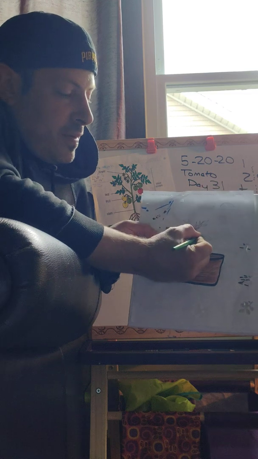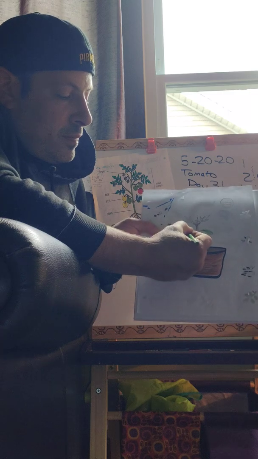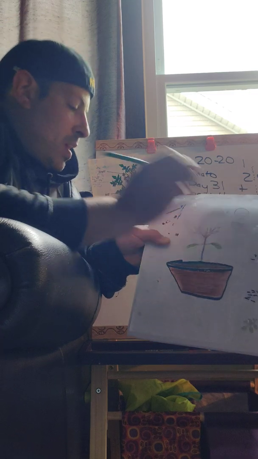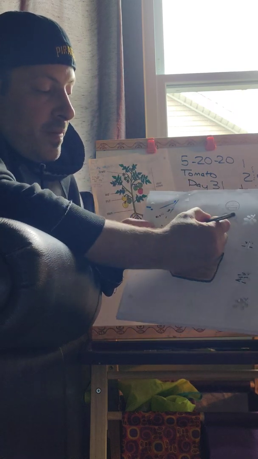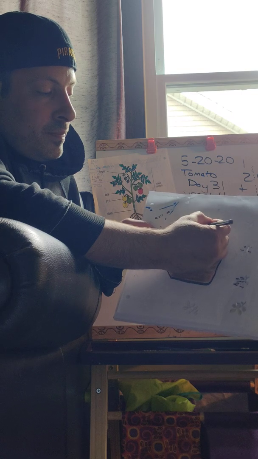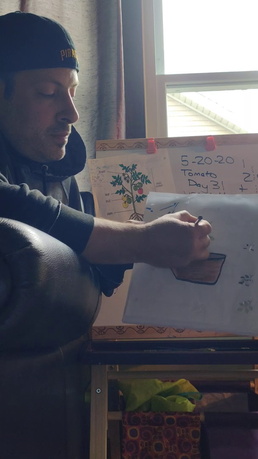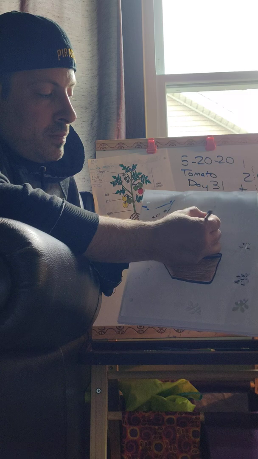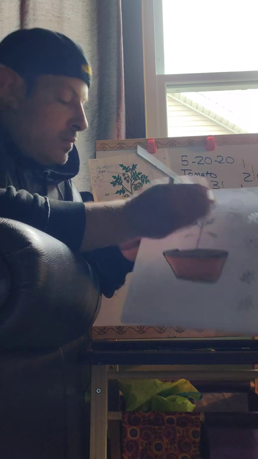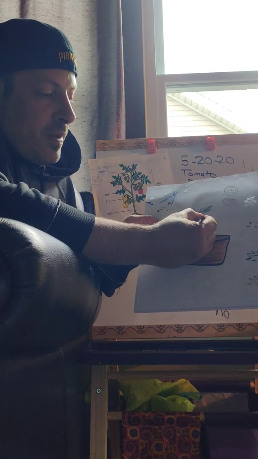I'm going to get my light green and color these leaves. I'm going to get my dark green and color the leaves up here. Put a little purple in here.